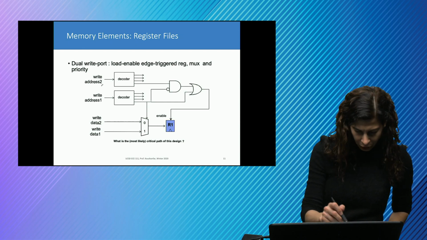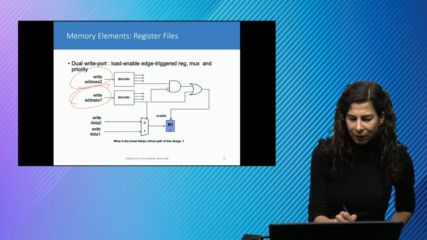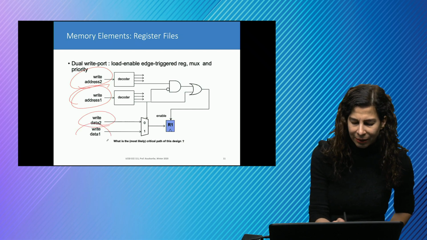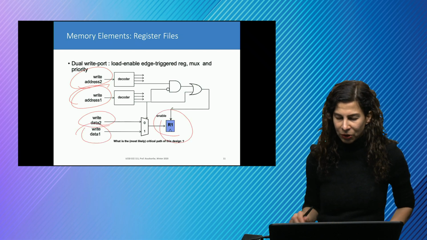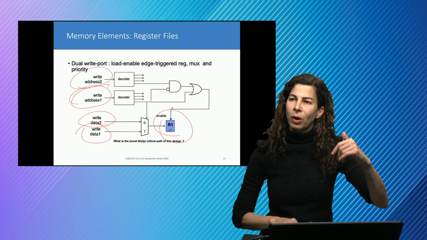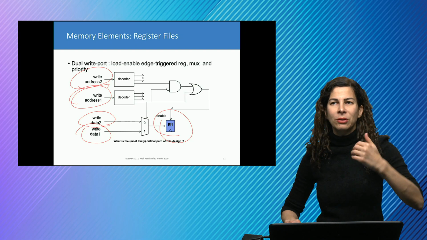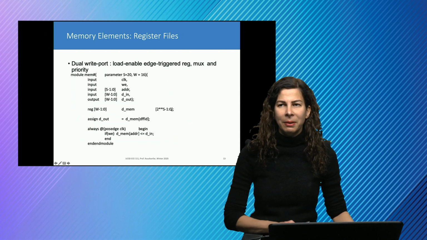One of them is going to be selected to write the data to the particular register. We can't simultaneously write to the same register, but we can select which port is writing to the register at a specific time.